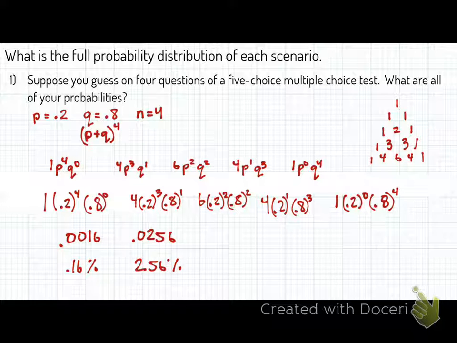Next one, we got 0.2 times 0.2 times 0.8 times 0.8 times 6, and we get 0.1536. And we can write that as 15.36%.